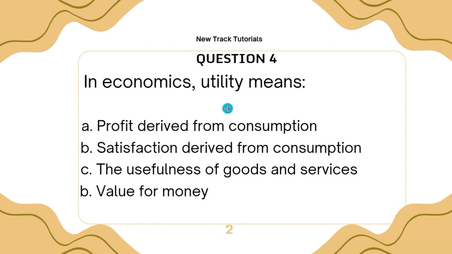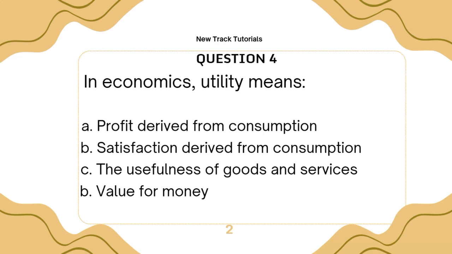Question number 4 says, in economics, utility means what? Is it profit derived from consumption? Is it satisfaction derived from consumption? Or is it the usefulness of goods and services or the value of money?